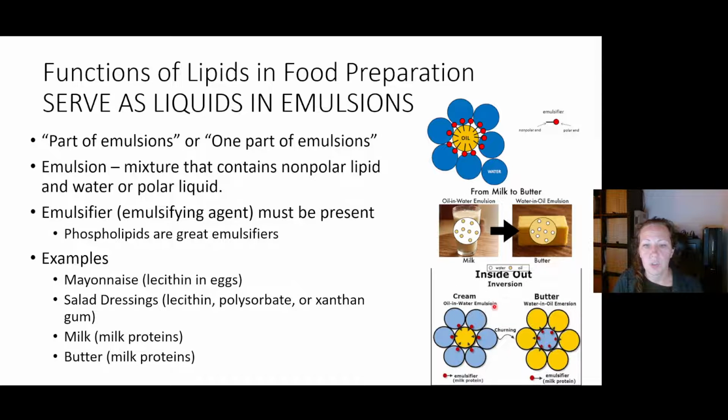But then you churn it and you invert that emulsion. And so now those same milk proteins are surrounding the water and allowing the oil to go on the outside. Okay. And it becomes a water and oil emulsion. Yeah, and I just realized, like, I grabbed this online, and the spelling on this is all crazy. It should say emulsion and emulsion on both of these.